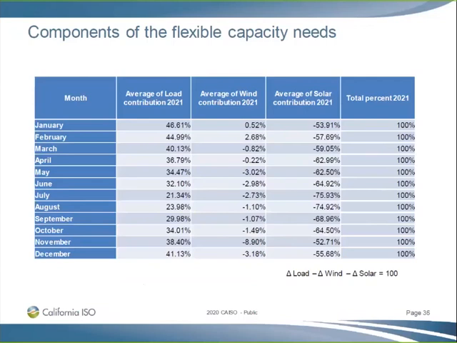So this is how the red bars are decomposed by their components. Since that's the net load flexibility, they are decomposed into contributions from the load, wind, and solar.